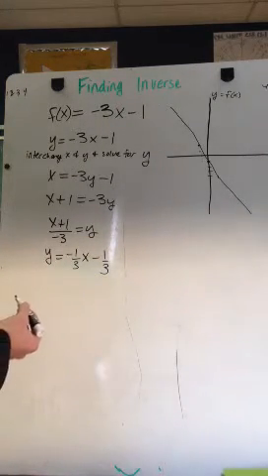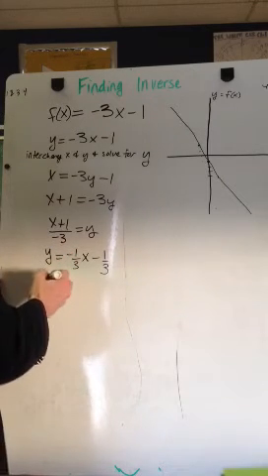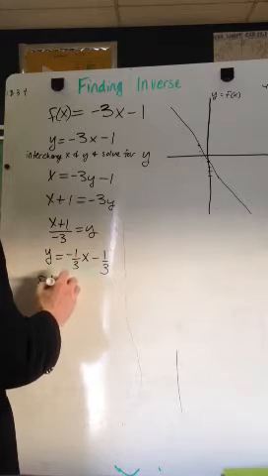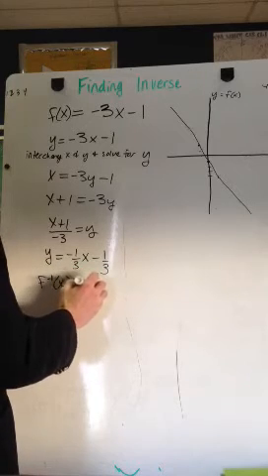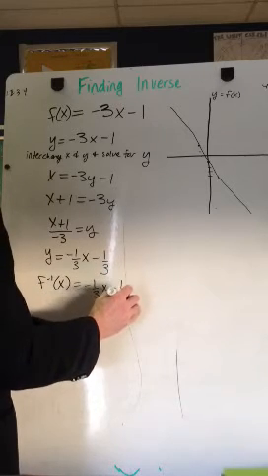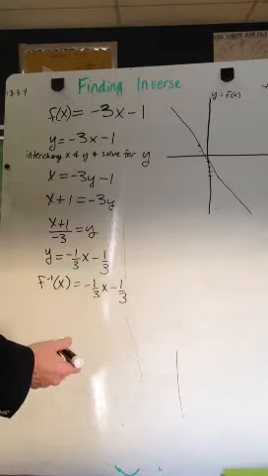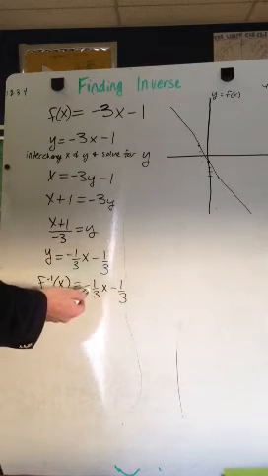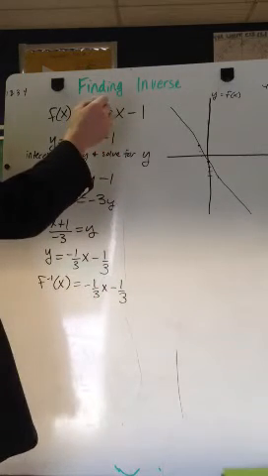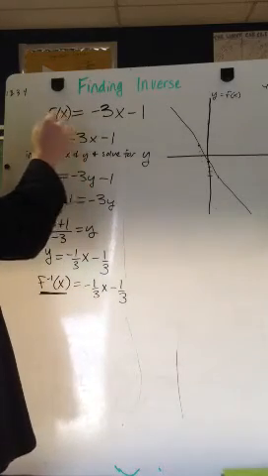The next thing I'm going to do is replace y with the f inverse symbol of x. Now I have an equation that I think should be the inverse for this one. So I have a function, f inverse of x, being the inverse of f.